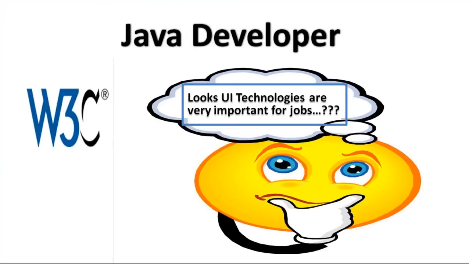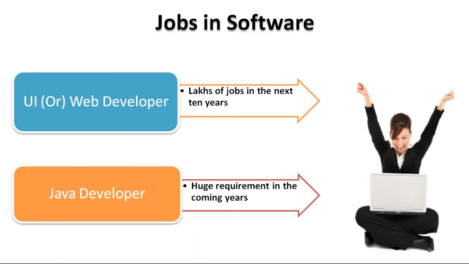So it looks like UI technologies are important for jobs. Yes, they are very important to get jobs, just like Java. For UI developers, we have lakhs of jobs in the next 10 years. And for Java developers, you already have a huge requirement, and in the coming years the requirement is going to increase.